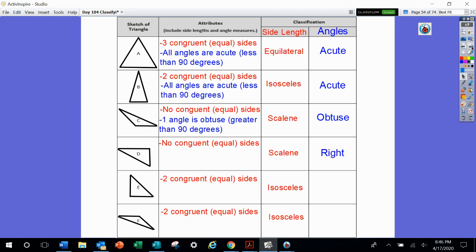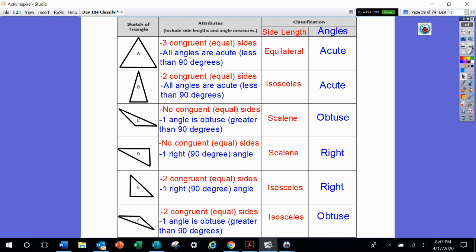Triangle D is a right triangle because there was one 90-degree angle, one right angle. Triangle E was a right triangle because it had one right or 90-degree angle. And triangle F was an obtuse triangle because there was one angle that was obtuse, which means it's greater than 90 degrees. If you need to pause, go ahead.